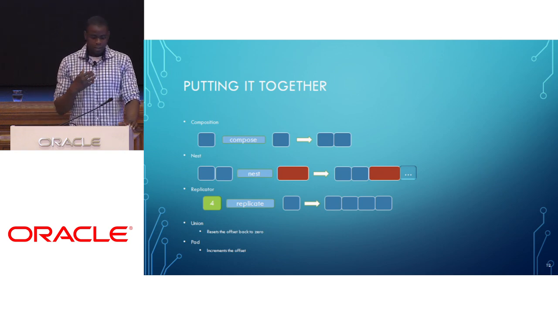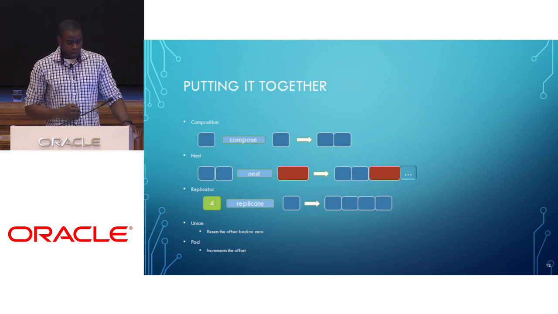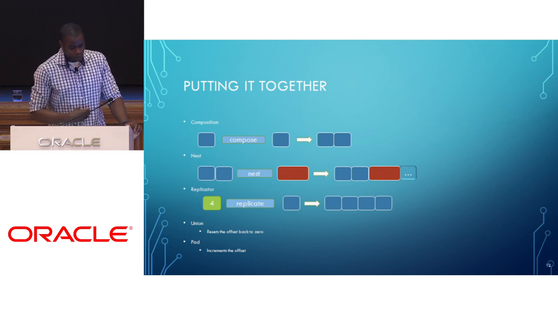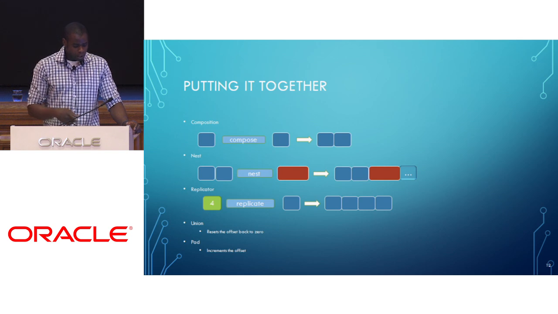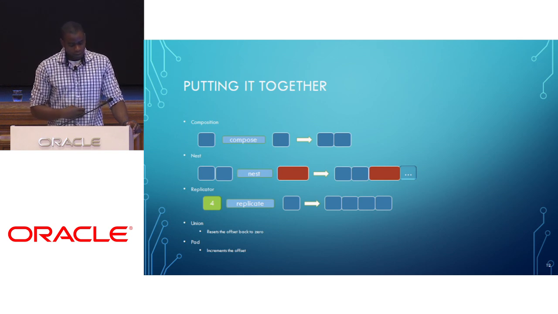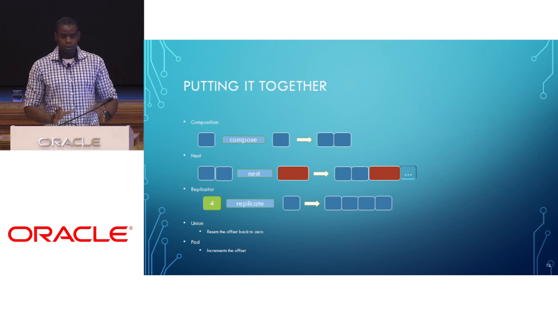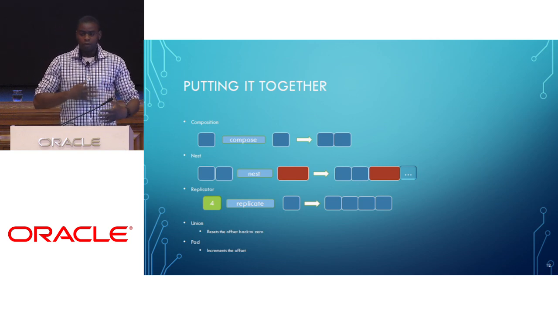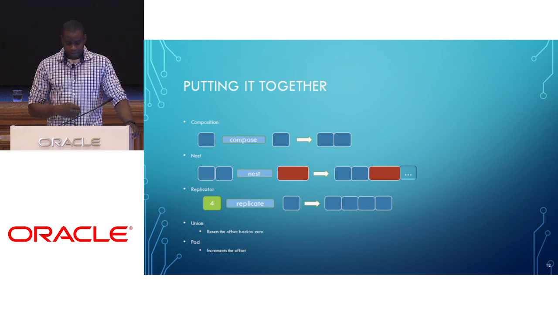A nest is similar, except it takes an existing layout definition and inserts it, and then increments the offset by the size. The replicator operator just basically repeats an operation, and I'll talk more about that later on. And then the union resets the offset back to 0, so that lets you overlap containers. And the pad operator increments an offset.